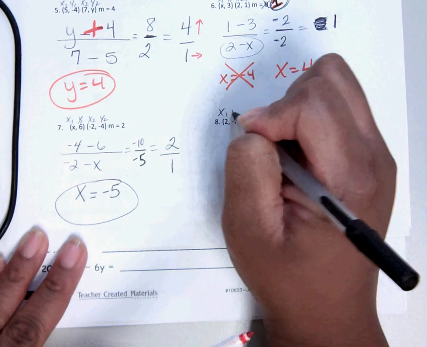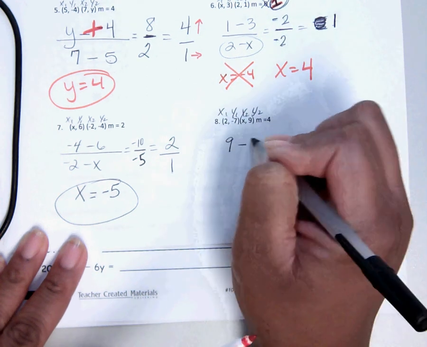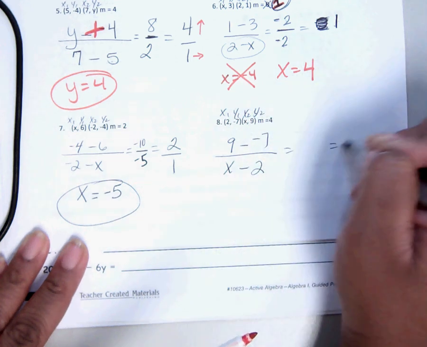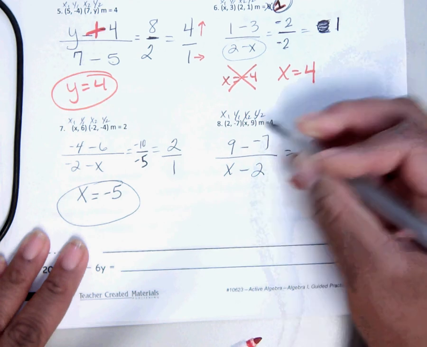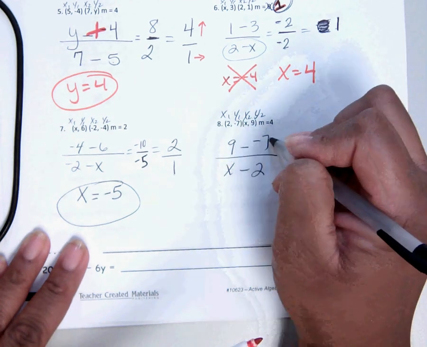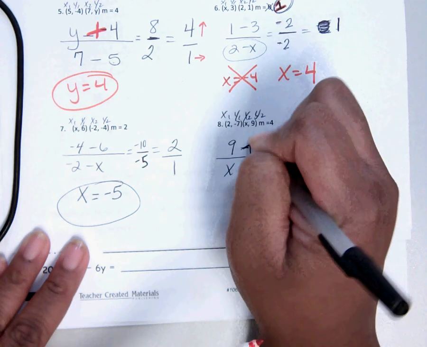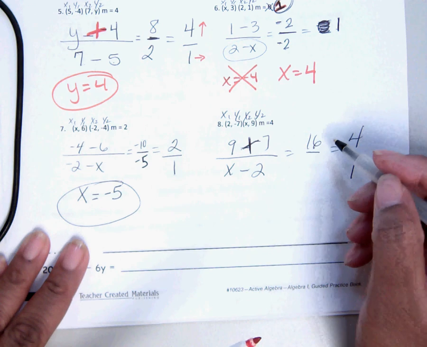Last question. 9 minus negative 7 over x minus 2. 4 is the same thing as 4 over 1, and 9 plus 7 is 16. And why did I do that? Because that should be a plus sign. And x minus 2 has to be, I don't know.